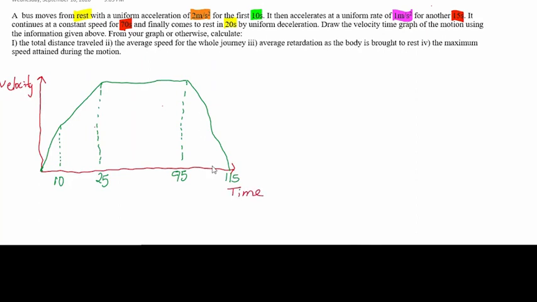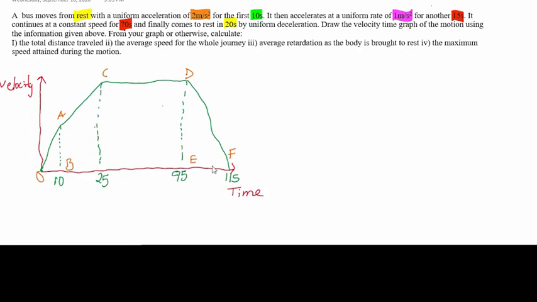Now from the graph here, we can label our graph for easier calculation. In labeling our graph, we can pick this point as our point O, here as our A, here as B, this as C, D, E, and F. And this is what we refer to as our velocity time graph.